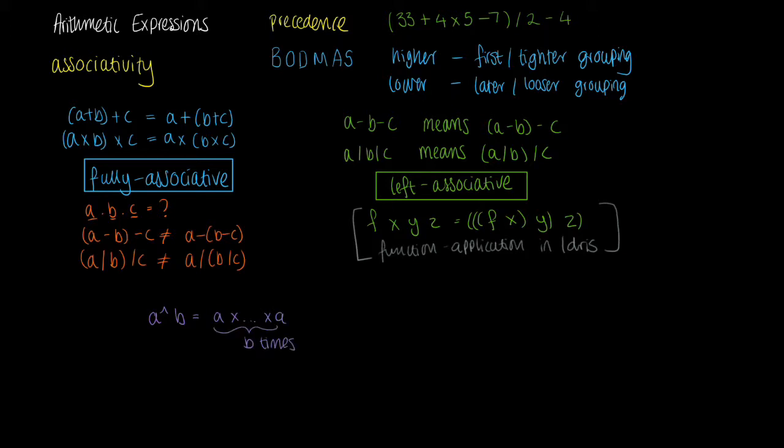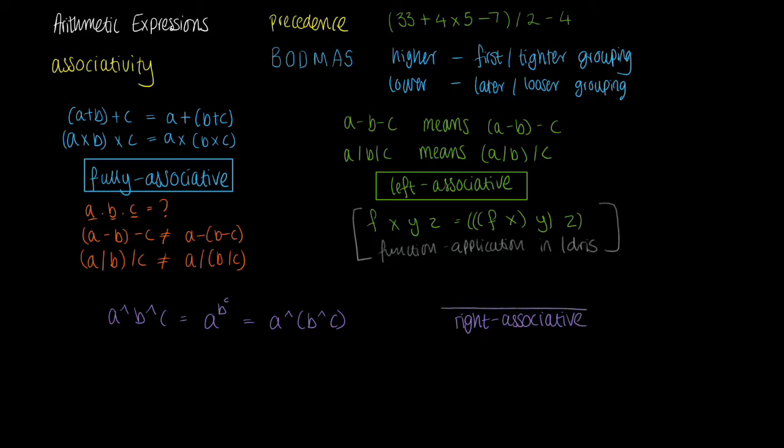When we see A caret B caret C, we usually mean A to the power of B to the power of C. In this case, we want to bracket starting from the right, so A to the power of (B to the power of C), and we say orders are right associative. Later you'll see that the list cons operator in Idris is right associative.